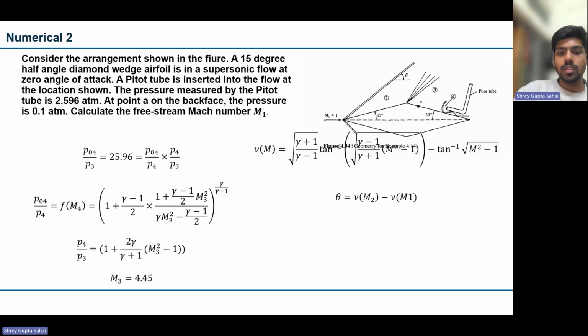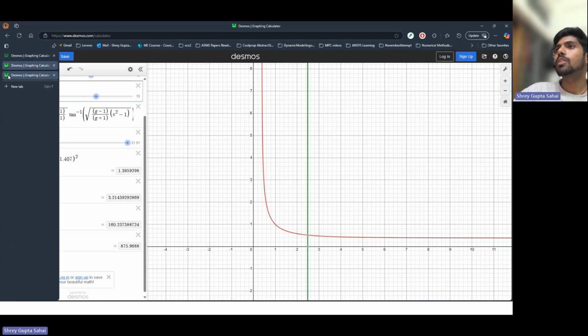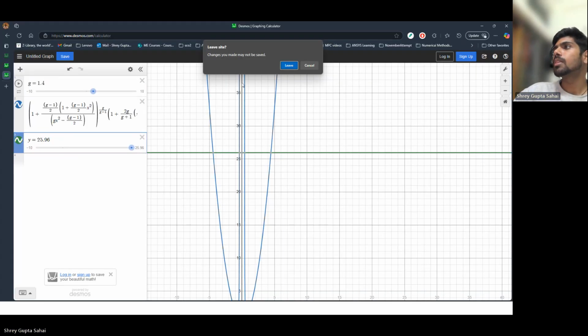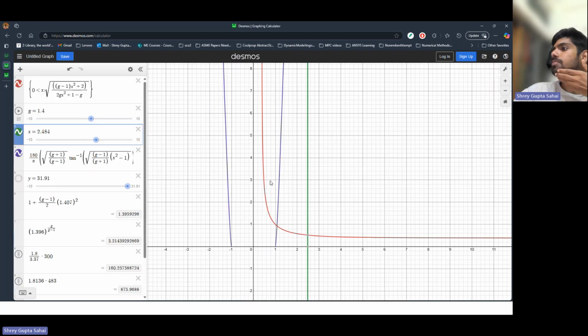That's it. So we need to find these new values, and from that we can find M2. So this is the relation. I had written this down in this web page, so I've written it down here like this.